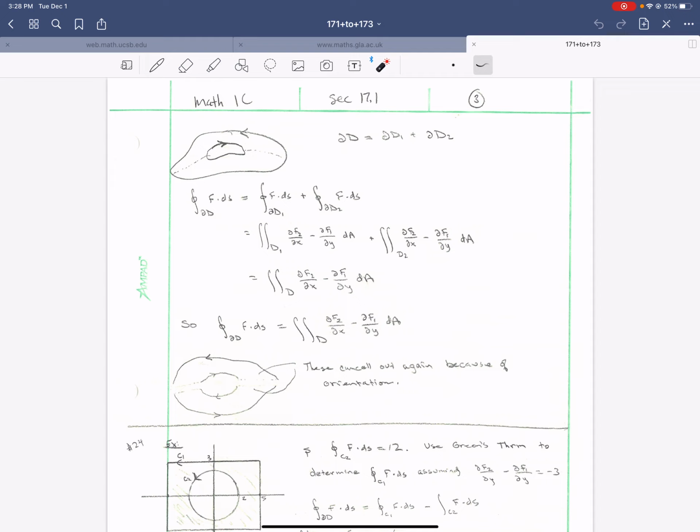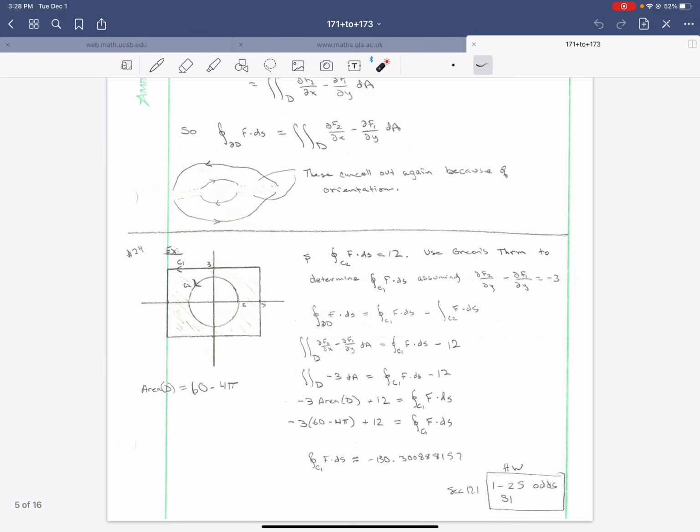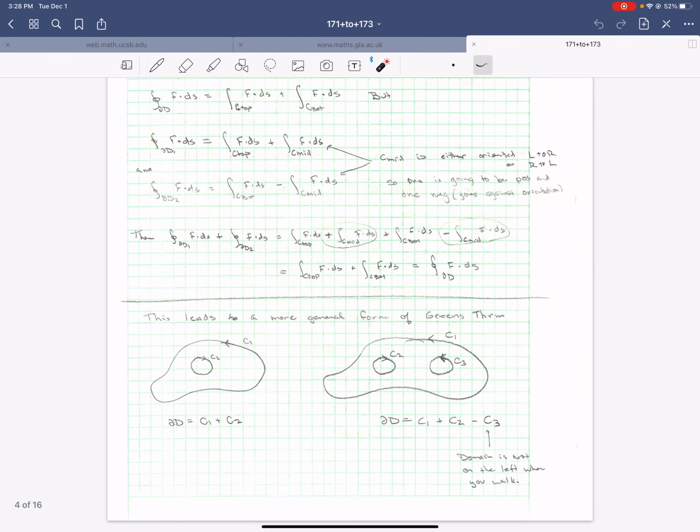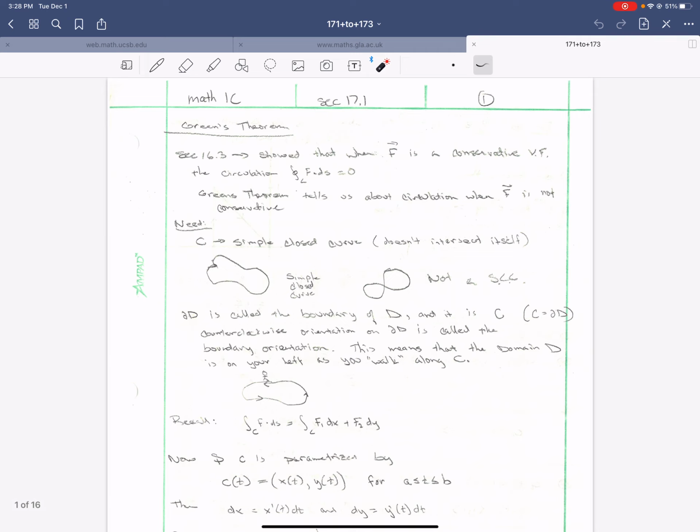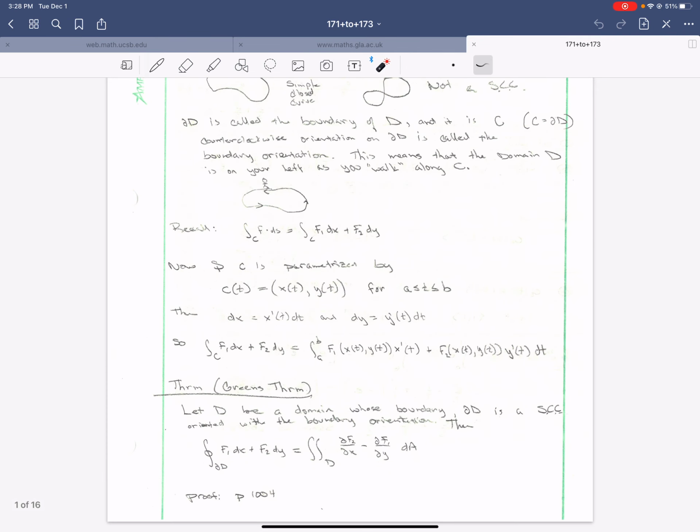So Green's theorem is kind of dumb in the case that it's 0, but it should make sense to you, because if the vector field's conservative, then you know that df2 with respect to x equals df1 with respect to y.